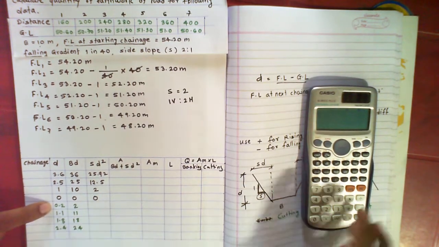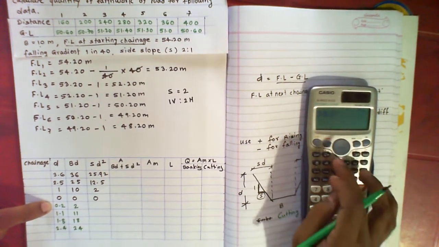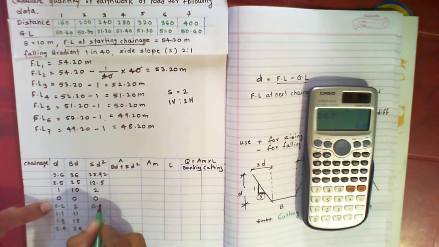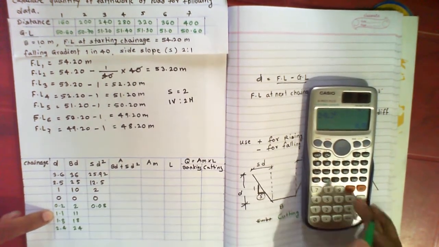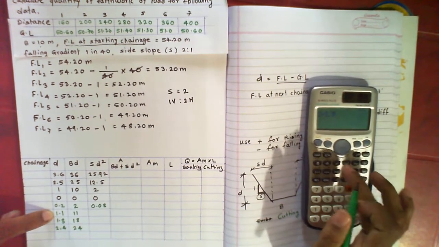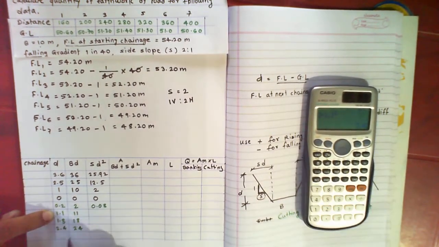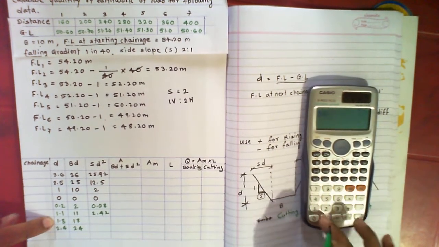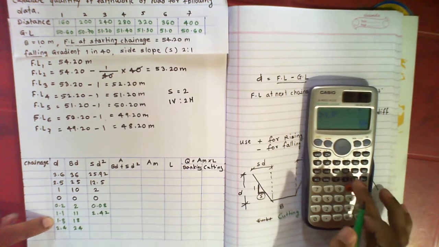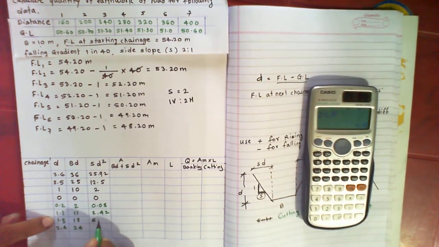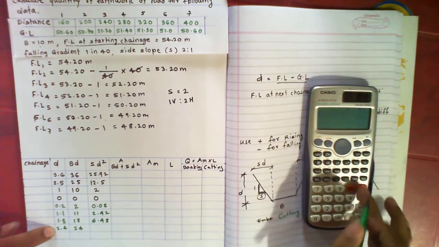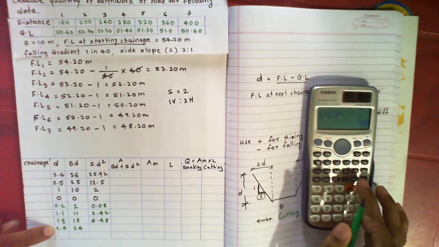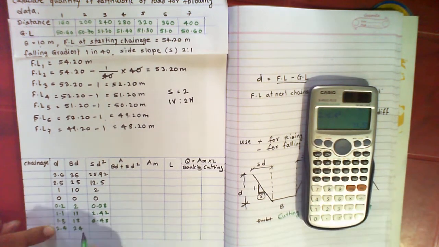Next 2 into 0.2 square, it is 0.08. 2 into 1.1 square, 2.42. 2 into 1.8 square, that is 6.48. 2 into 2.4 square, that is 11.52.